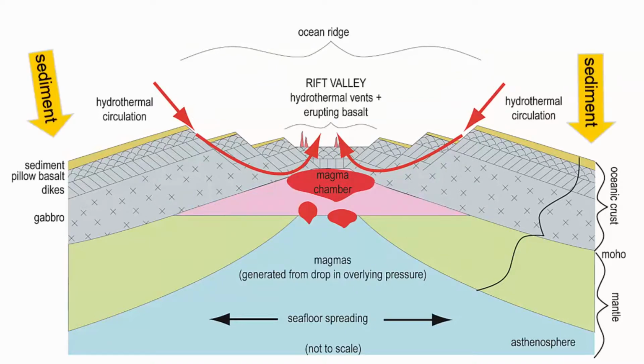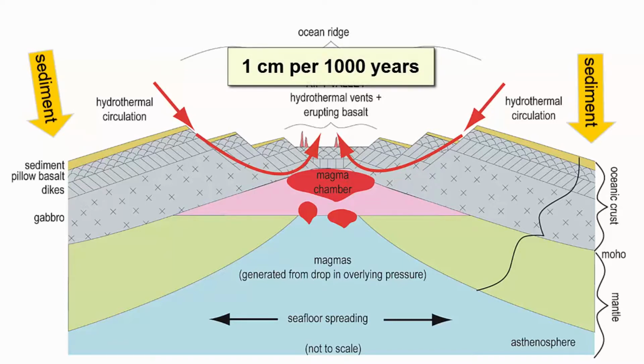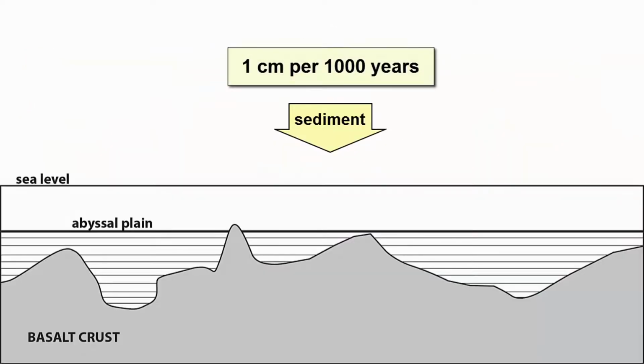Sediment collects atop, the smallest amount at the ridge, where new seafloor is exposed. But as this sediment collects at rates of about 1 centimeter every 1,000 years, eventually, over millions of years, the sediment will completely cover any rough topography and leave a flat surface that hides underlying irregularities.